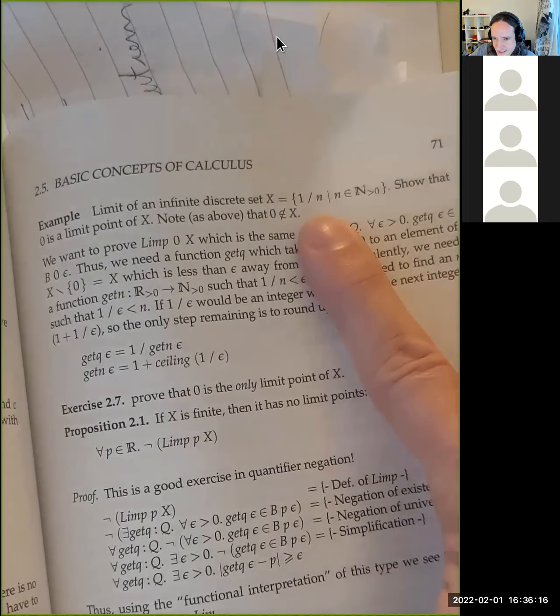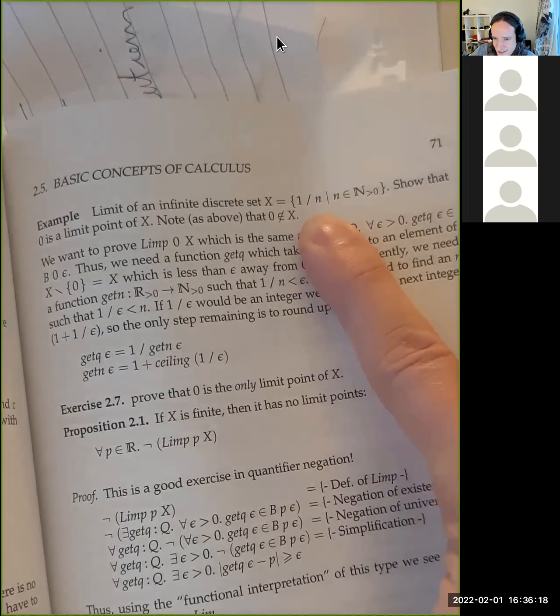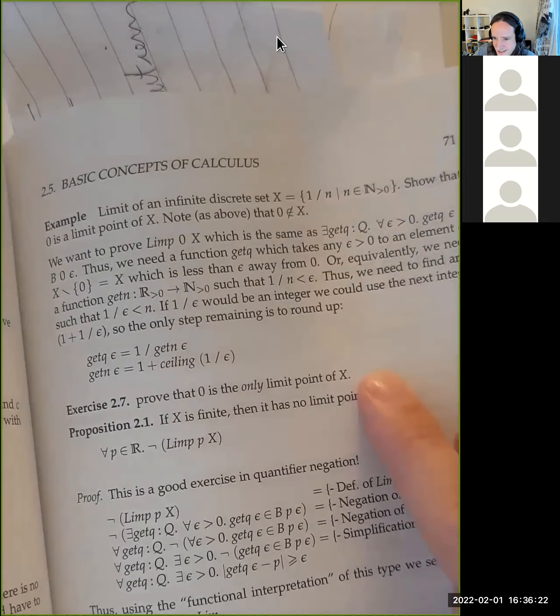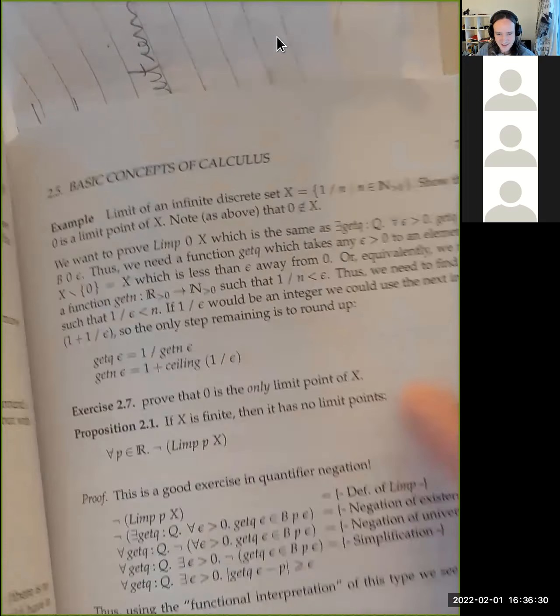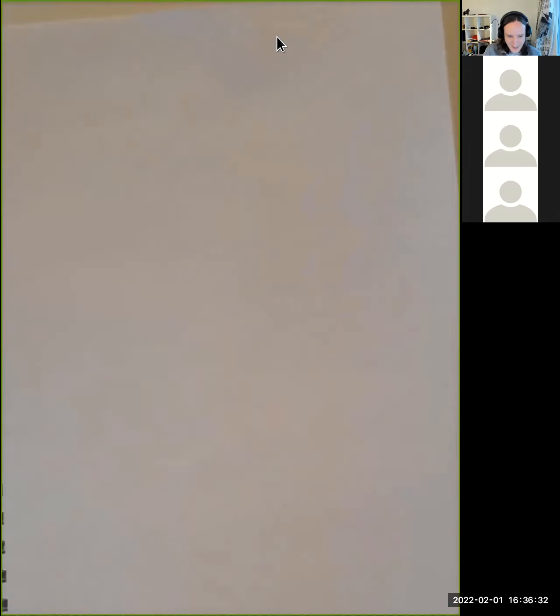And here's an example that shows that 0 is a limit point of this set. And this exercise asks us to show that 0 is the only limit point of X. So I actually didn't do this exercise, so maybe I don't know, but let's just try.